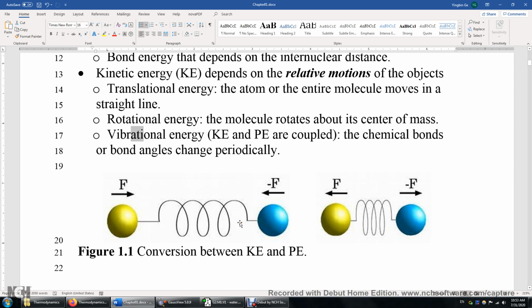However, during the entire process of stretching and compression, the total energy of the spring must be conserved. Therefore, we are looking at the conversion between the kinetic energy and potential energy of this spring and of course these two objects.